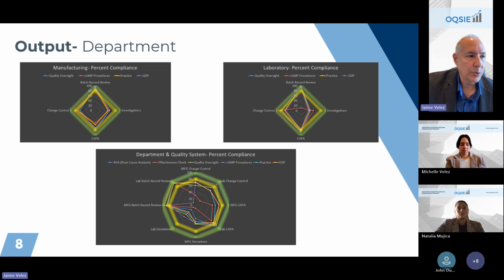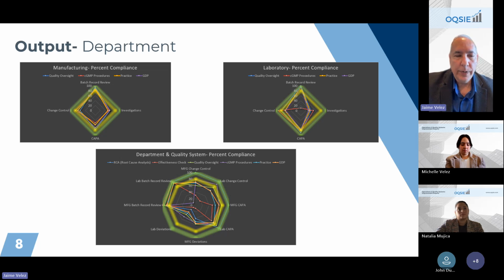Whether it's documentation practices, whether it's actually following the SOPs and what we call the practice component here, where the quality oversight component is being executed effectively, where the GMP procedures are compliant and effective.